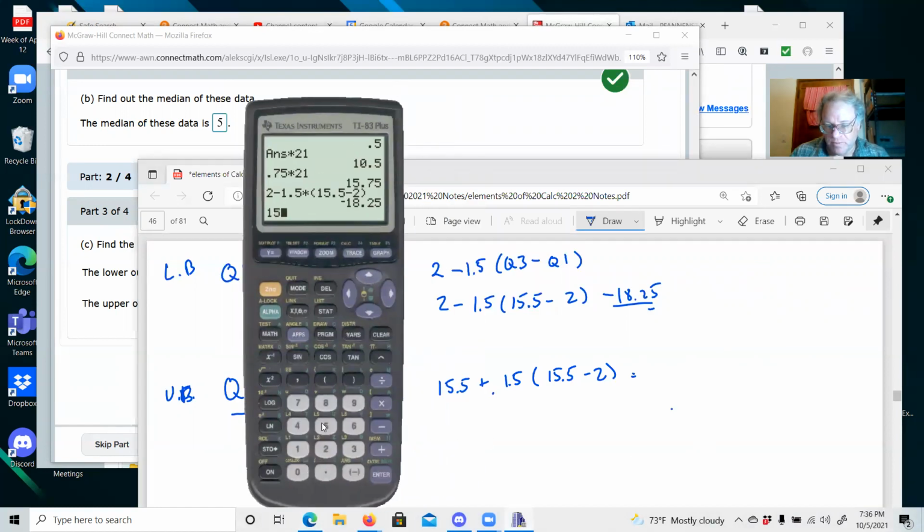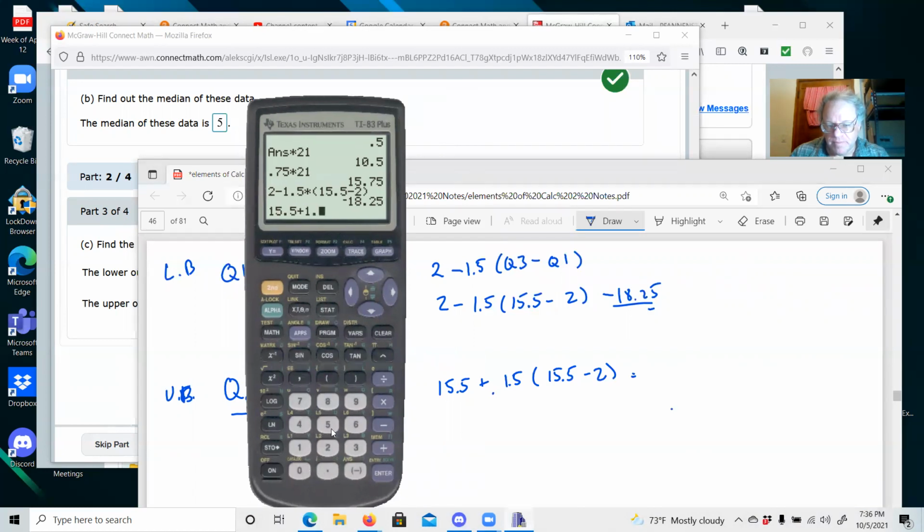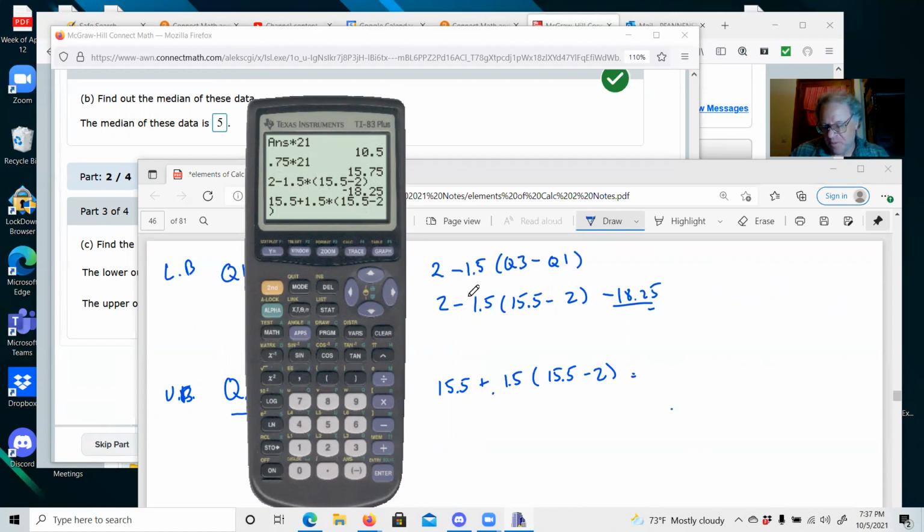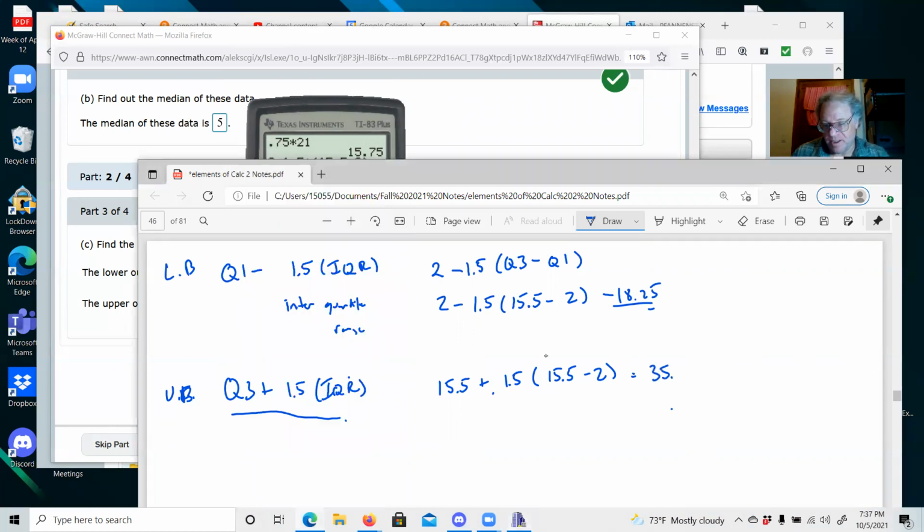So it's 15.5 plus 1.5 times parentheses, 15.5 minus 2. When I used to have people write their own box and whiskers plot and they messed this up, usually if they messed it up with PEMDAS, like they didn't put the parentheses, that'd usually be a much higher score that you're losing, 35.75.